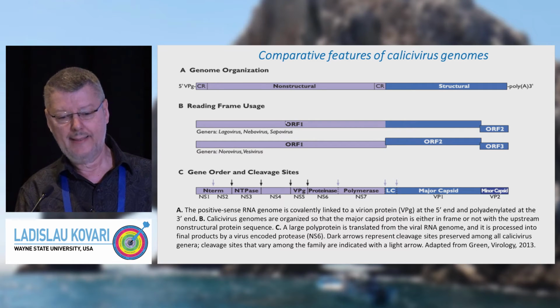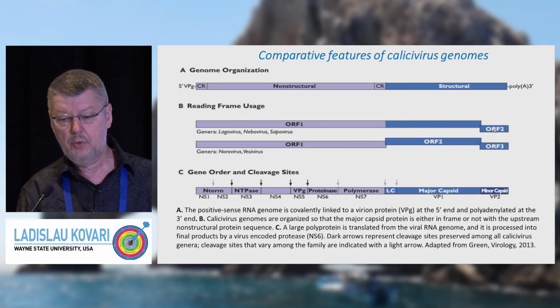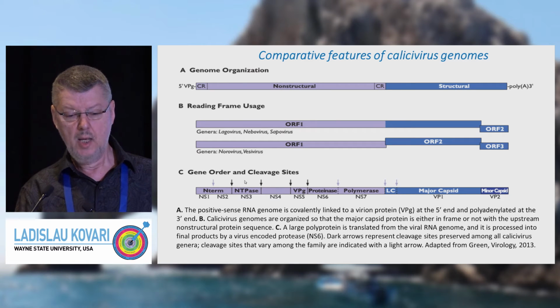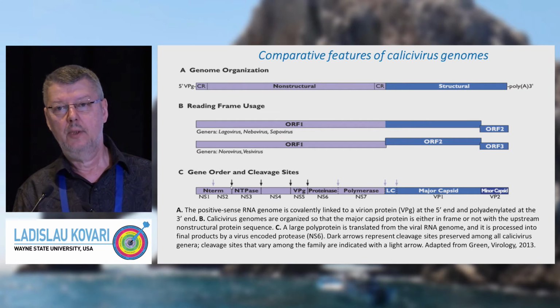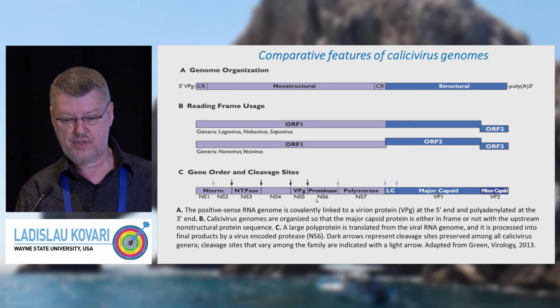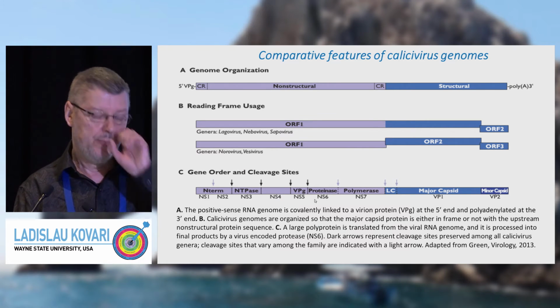In some caliciviruses, there are 2 open reading frames. In norovirus, there are 3 open reading frames. And this is the organization of the genes. The black arrows represent the norovirus protease cleavage sites. So that's the NS6 protease.